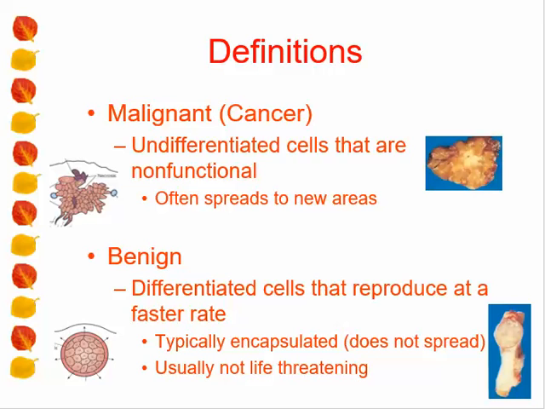Now, there's a couple of different types. We talk about malignant tumors, and we can talk about benign tumors. So the benign tumors really are cells that are differentiated, but they are reproducing at a really fast rate. Typically, they're encapsulated.